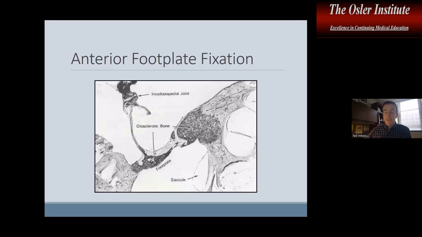If you think about Meniere's disease being endolymphatic hydrops, there's potential for saccular dilation. So if you're making a stapedotomy or some entry through the footplate, and you have a dilated saccule right underneath there, there's a chance that you could pierce and rupture that, potentially causing a profound sensorineural hearing loss.